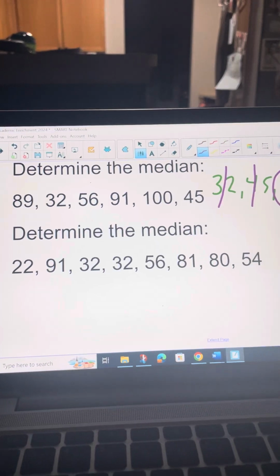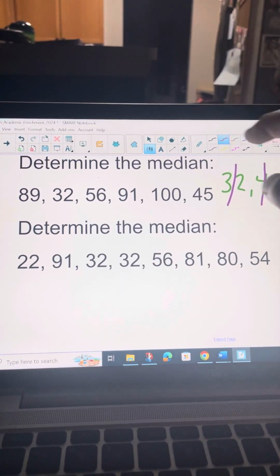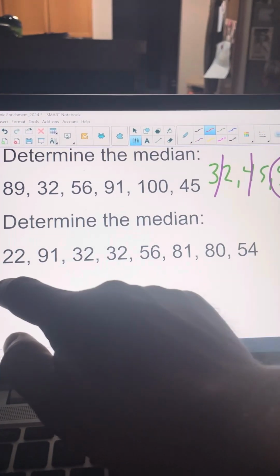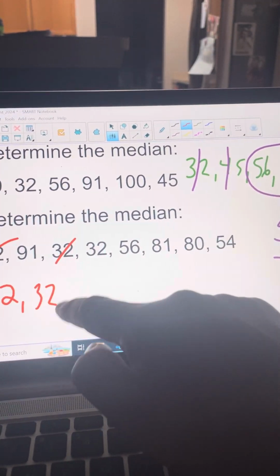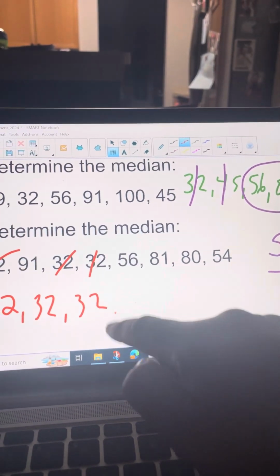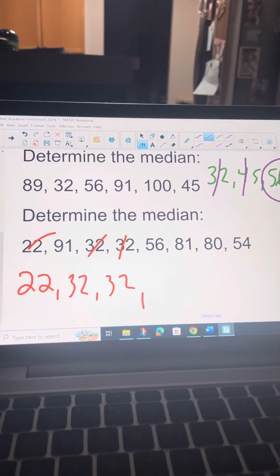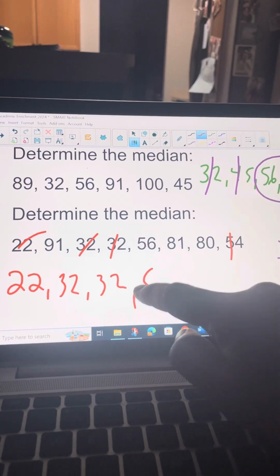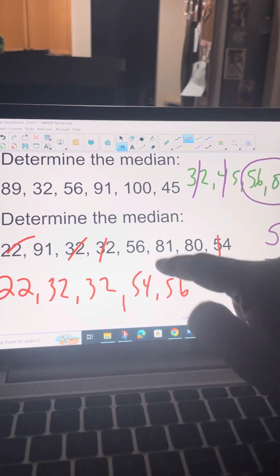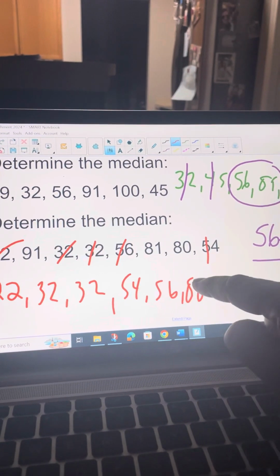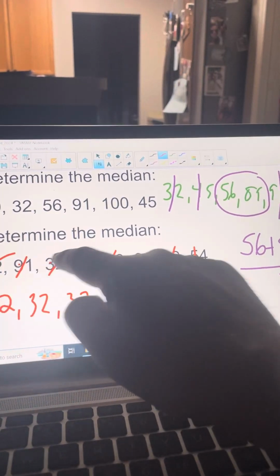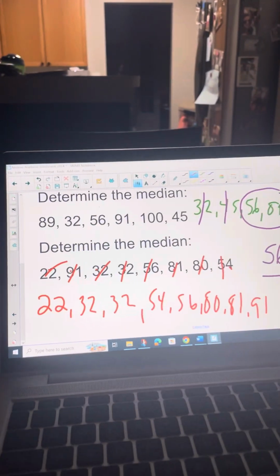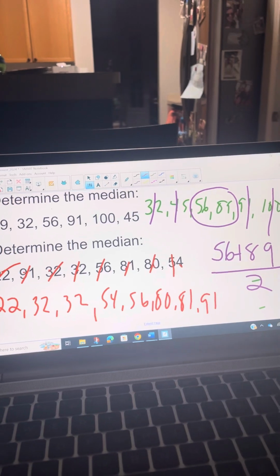The bottom example, first we have to put these in order from least to greatest. So 22 is the smallest, then 32, then another 32. So 22, 32, 32, 54, 56, 80, 81, and 91. 1, 2, 3, 4, 5, 6, 7, 8.